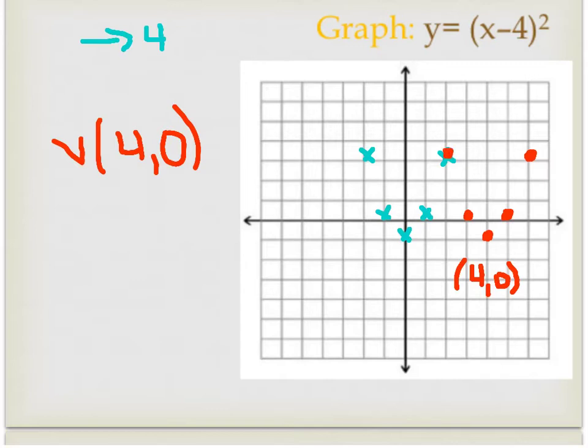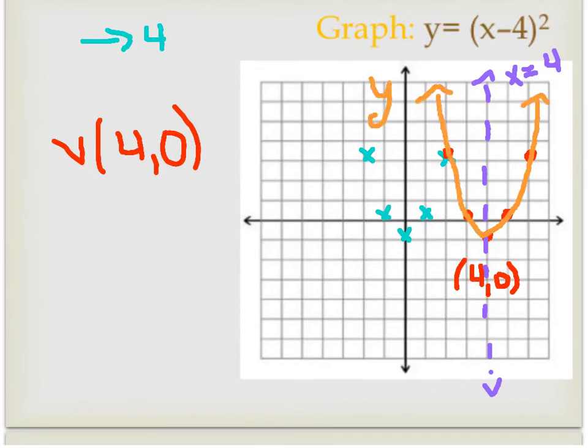Alright, now I want you to notice something, that our AOS has shifted, right? So my AOS is now here, in a different spot, because our AOS is always x equals h, and now h is 4. Connecting the dots here. Labeling our points like good children.